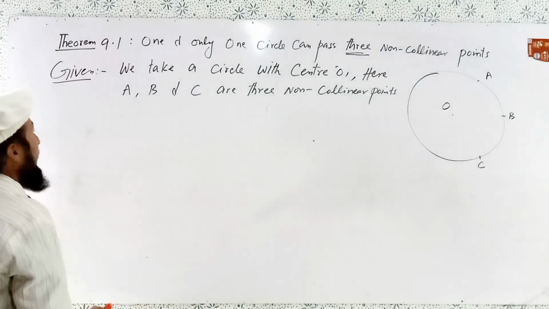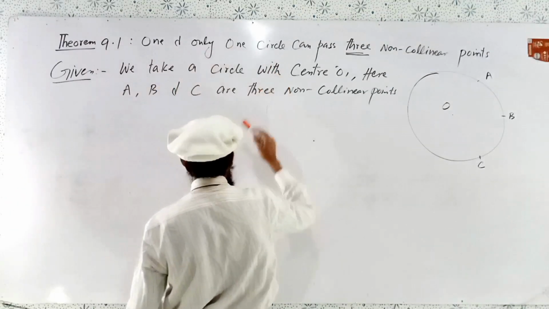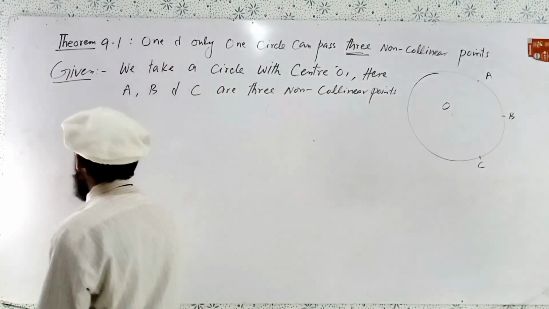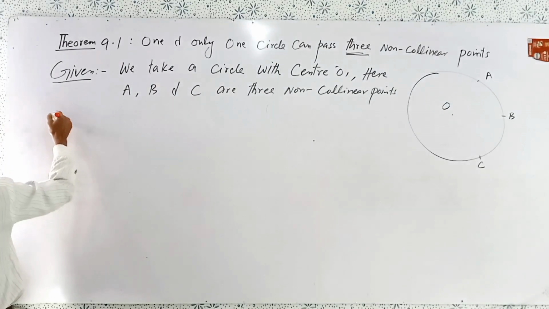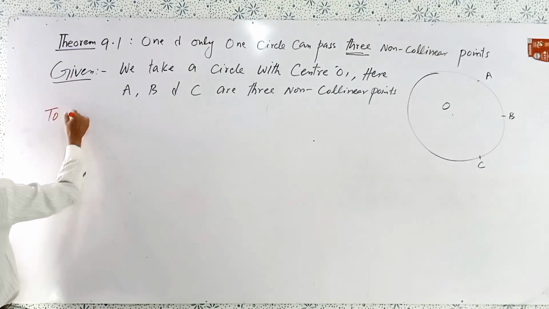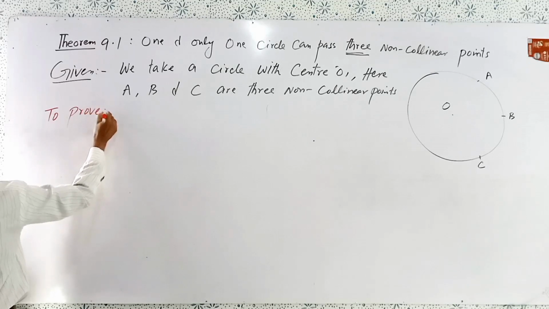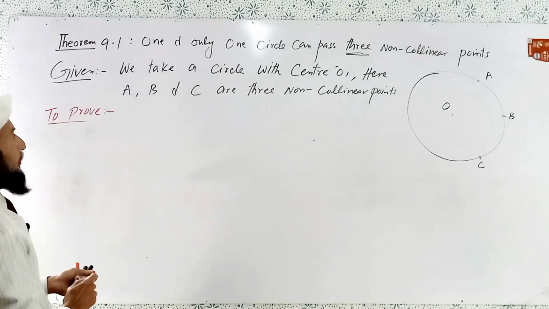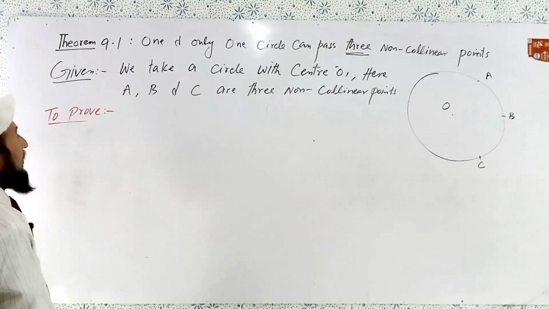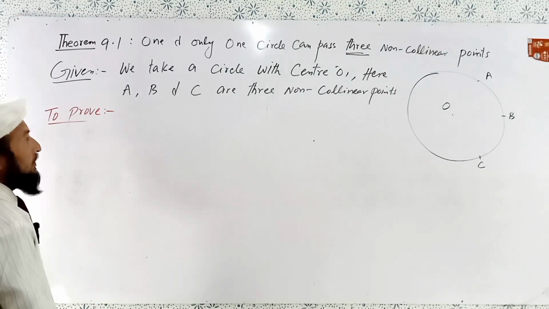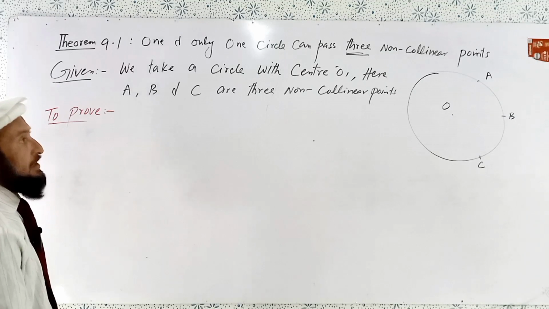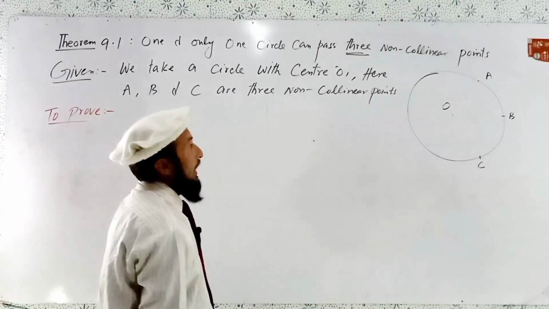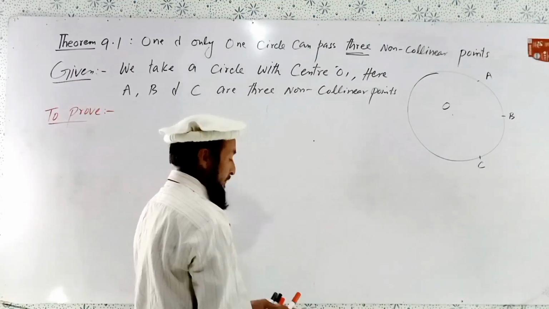Now we want to prove the given statement. To prove that, the above given statement means that A, B, C are the three points which pass on only one circle.